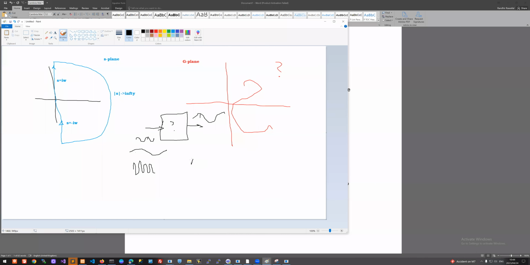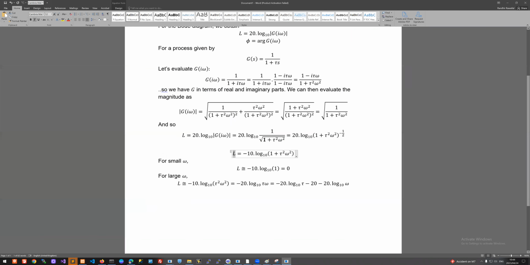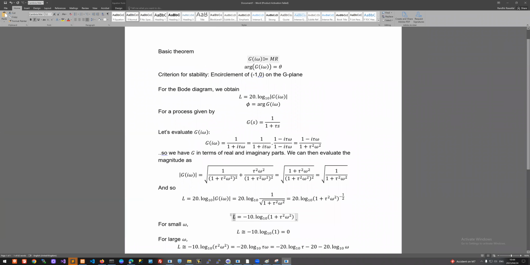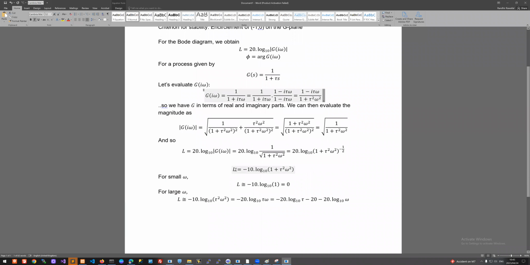And so the magnitude ratio is equal to y-bar, the maximum height of y, over u-bar, the maximum height of u. So we can get the magnitude ratio, which, as we know, is nothing but the magnitude of G(iω). And so we can get MR as a number that gives us the magnitude, and then we can just get L, right?